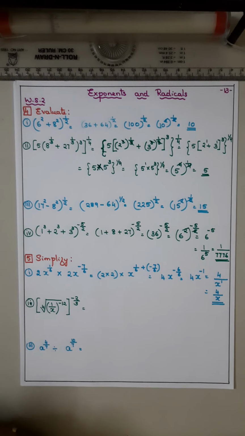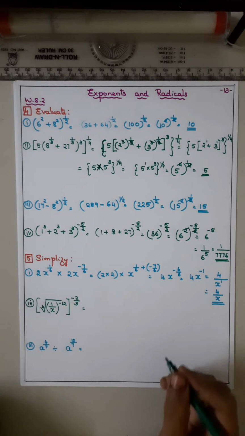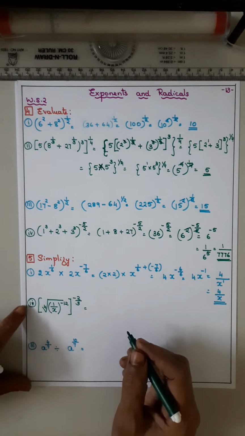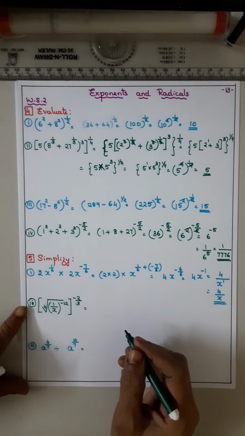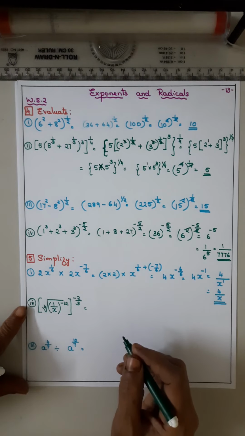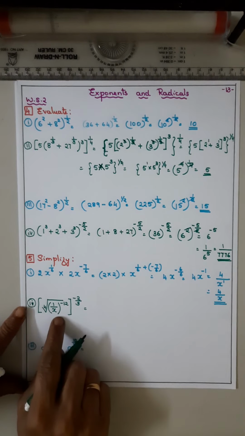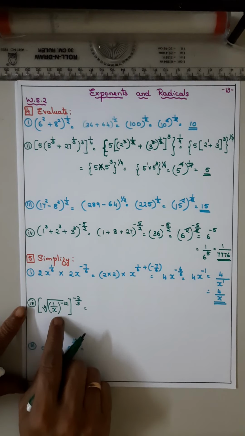Is it clear? Now coming to the second sum, it's the fourth root of 1 by x to the power minus 12, the whole raised to minus 2 by 3. So first you convert into the exponential form. Remember?